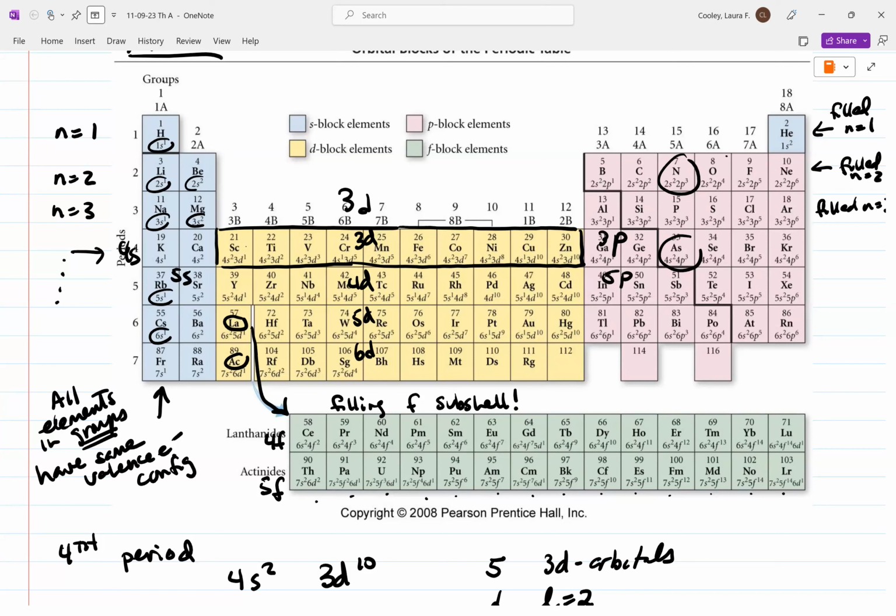But more or less, as you go across the periodic table, you're basically adding electrons into the same shell or a shell very close to it. As you go down the periodic table, you're adding entire shells. So you're adding a whole new shell so that your outer electron configurations are all the same as you go down the periodic table.